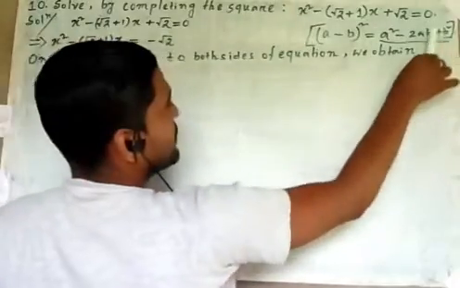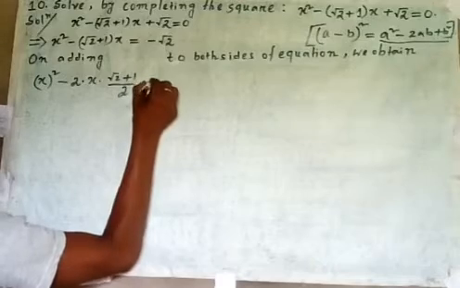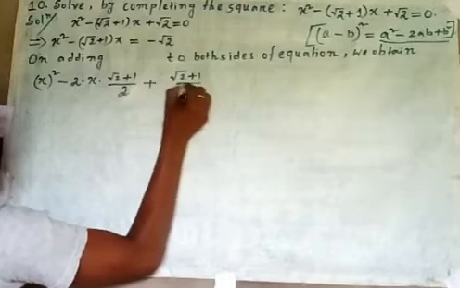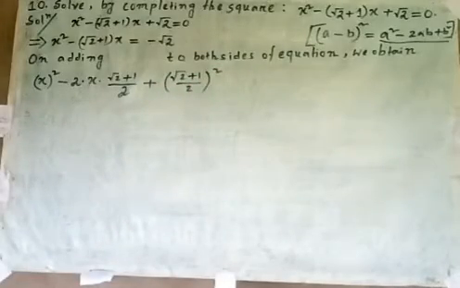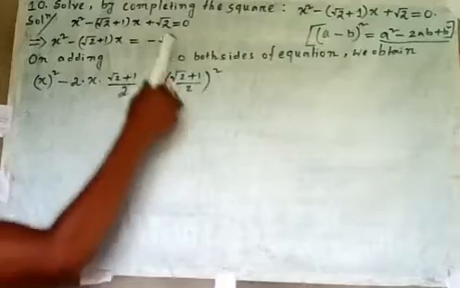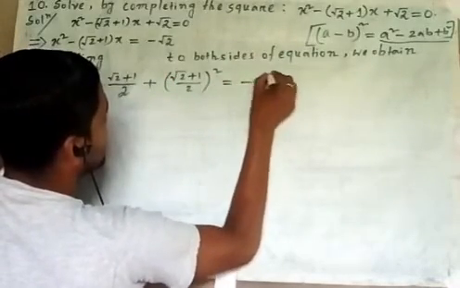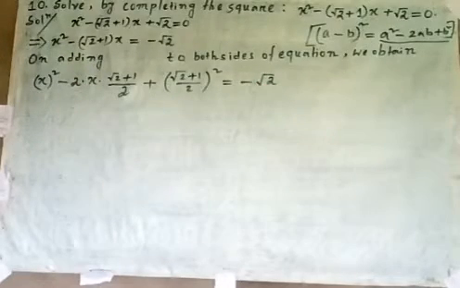So what is the formula? A square minus 2ab plus b square. So plus b square, where b means (root 2 plus 1) by 2 whole square. Now we have to see after the equal symbol: minus root 2 we have written. Now we have to see the left side again.